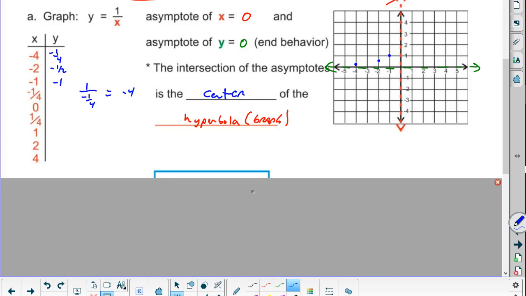You okay with that? Say again. Oh, okay. I'm like, no, 1 over -1/4 is good. All right, so I started off, and I'm going to keep on going. Yeah, all right, hold on.